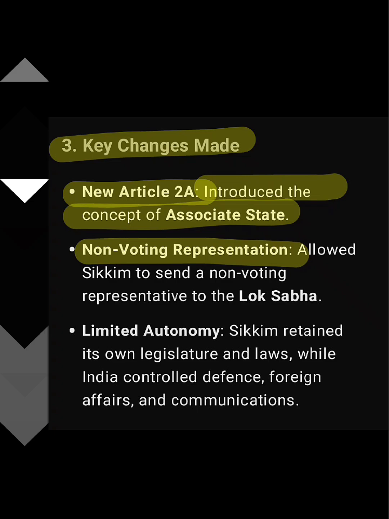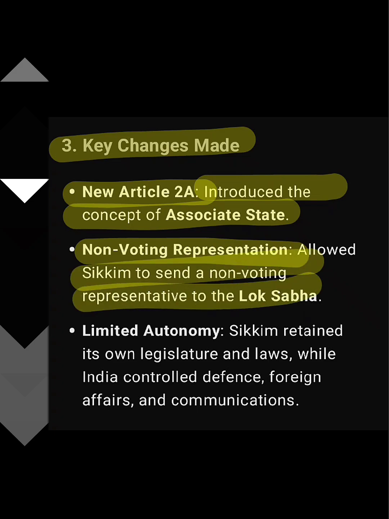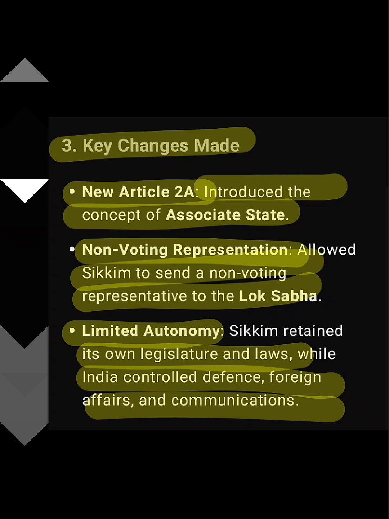Now, Sikkim is allowed to send non-voting representative to the Lok Sabha. Non-voting means they cannot vote in the Lok Sabha, but they can be represented in Lok Sabha. And also this amendment has limited the autonomy of Sikkim. Now Sikkim has its own legislature and laws, while India controlled defense, foreign affairs and communication.